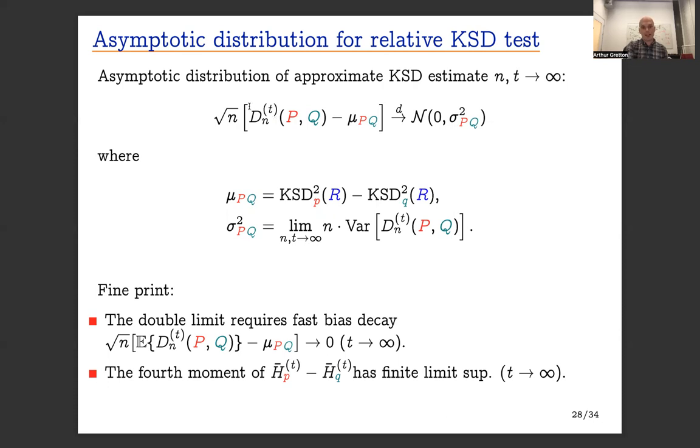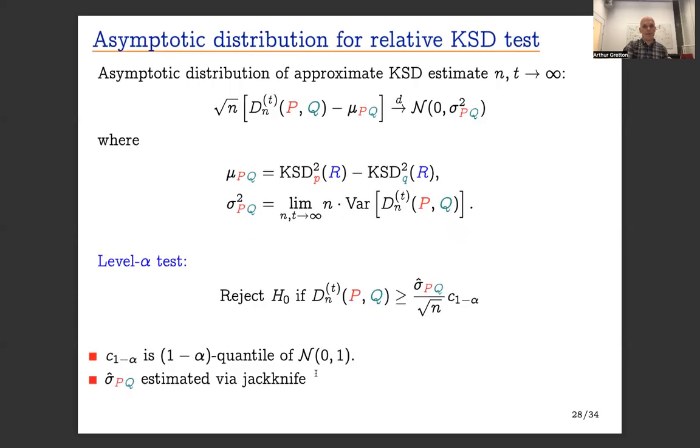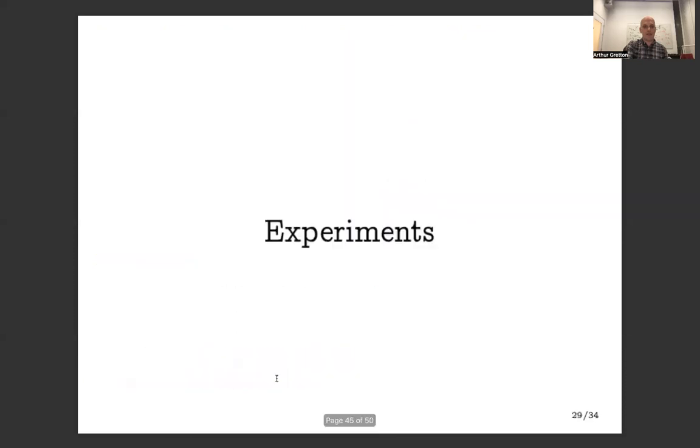Now, here we do need a little bit of care, because we're computing the statistic using Markov chain Monte Carlo, so we need to be sure that we've done sufficient burn-in to remove the bias. There's also a moment constraint, but we don't need to worry about that too much. And in practice, we estimate the variance of our asymptotically normal approximate U statistic using the jackknife. So that's how we compute that.